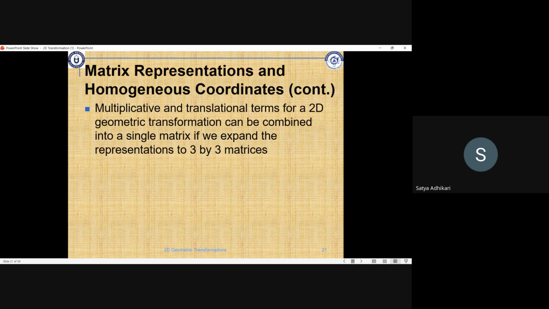We only use a combined, single matrix on the object and get our result. So for this, we need to represent it by a 3 by 3 matrix, a matrix whose order is 3.